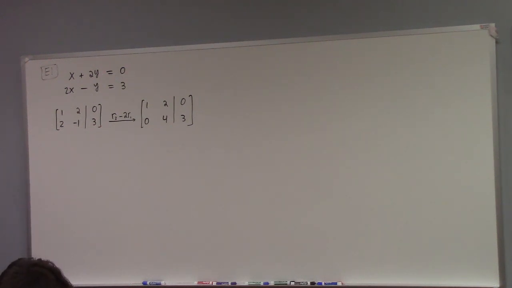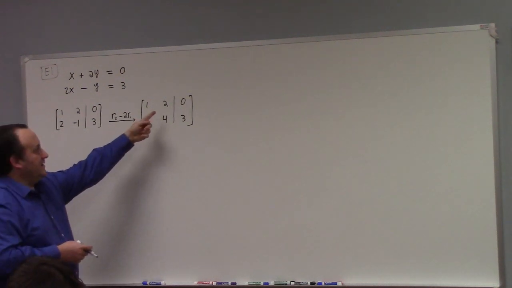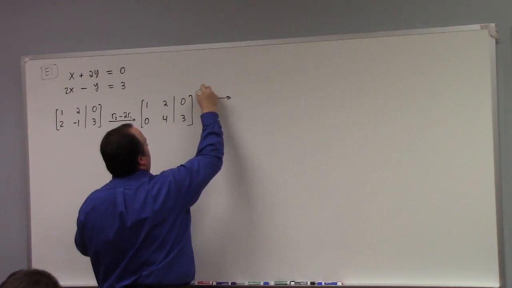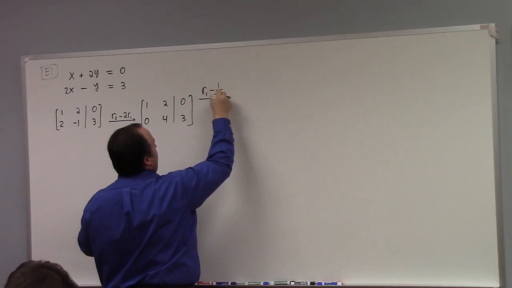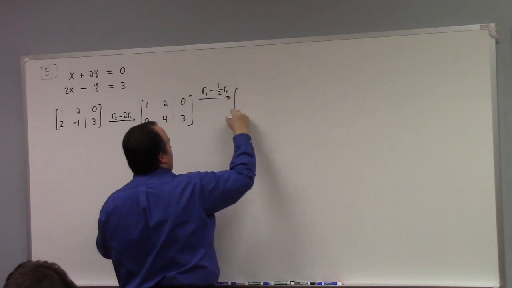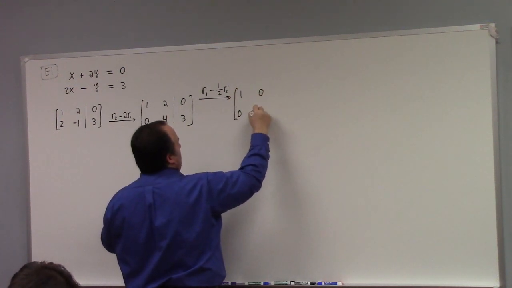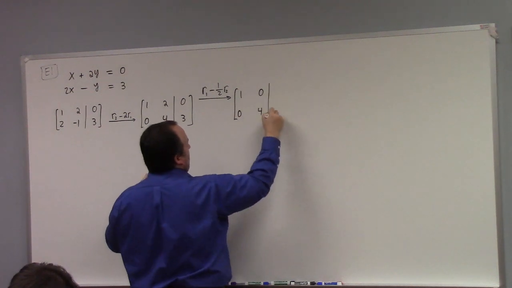I'm just going to modify it as suits my purpose here. What stands out to me is that I could get rid of the 2 here by doing, let's say, row 1 minus 1/2 row 2. That would be nice. So I've got 1, 0, 0, 4, 3.